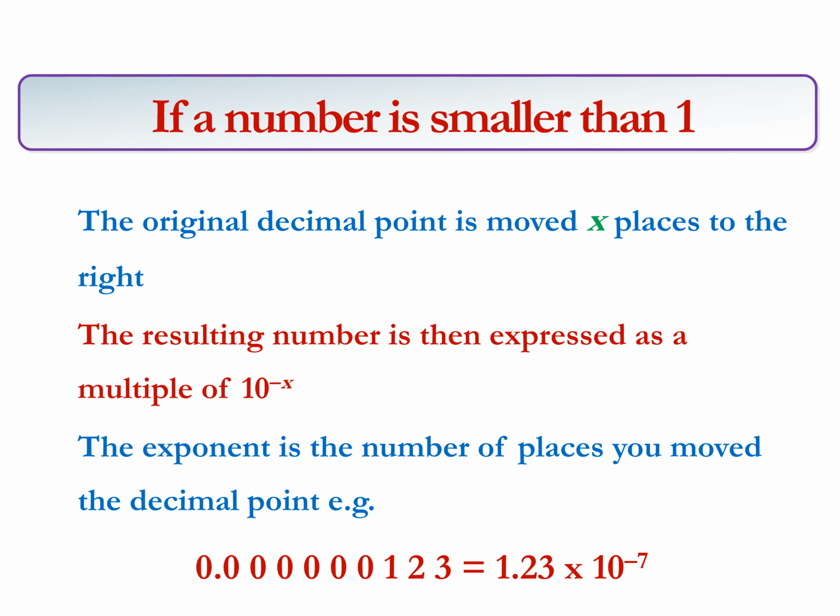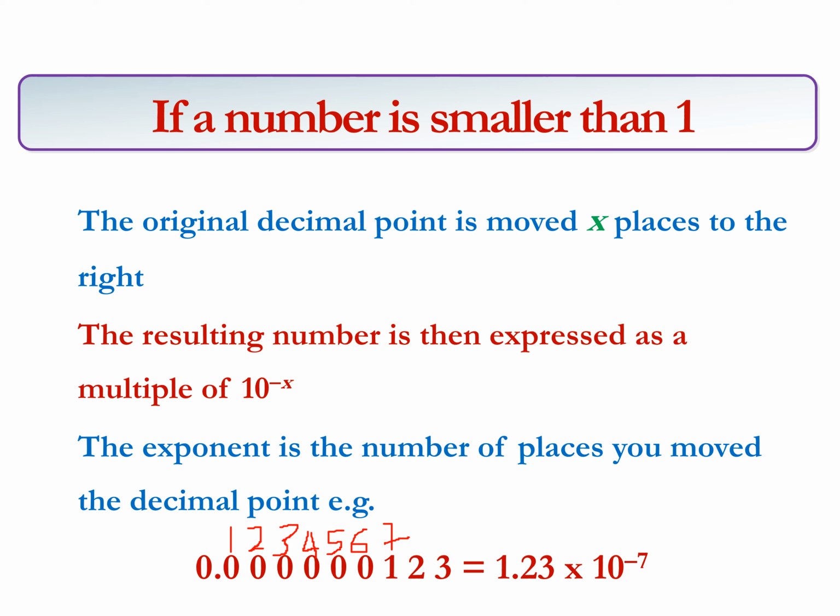So let's have a look at this example. For this example, you need to start counting like this. So this is 1, this is 2, 3, this is 4, this is 5, this is 6, this is 7, and you stop there.